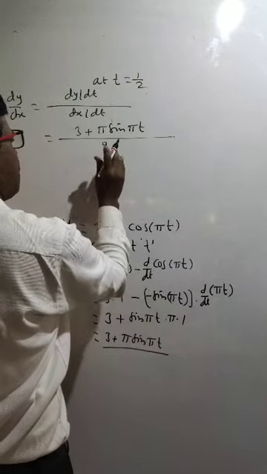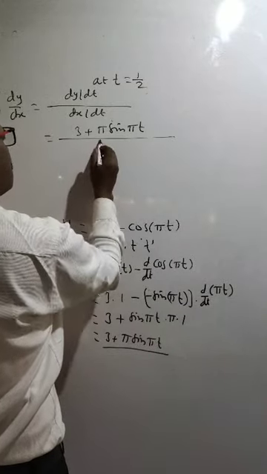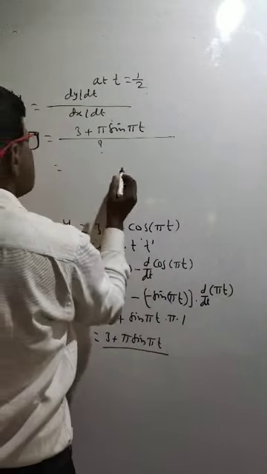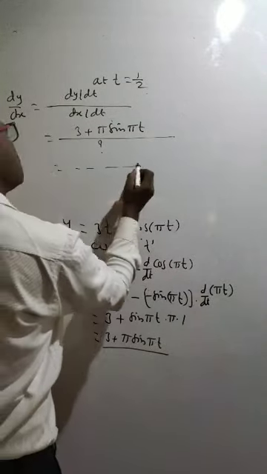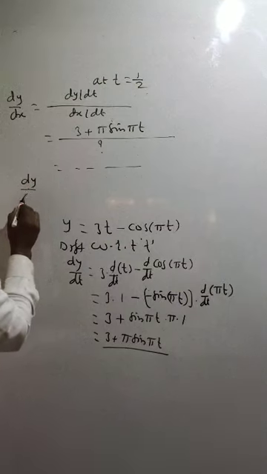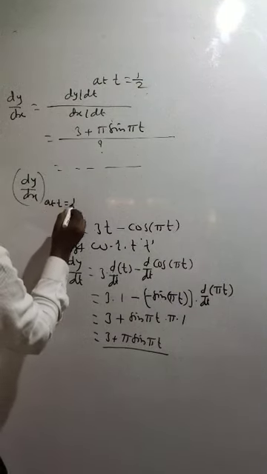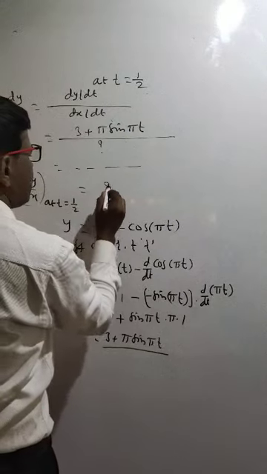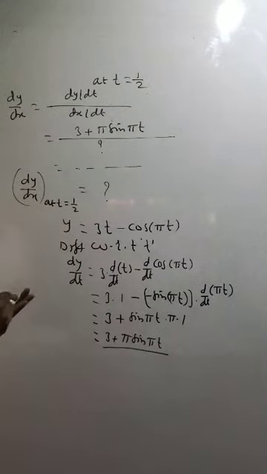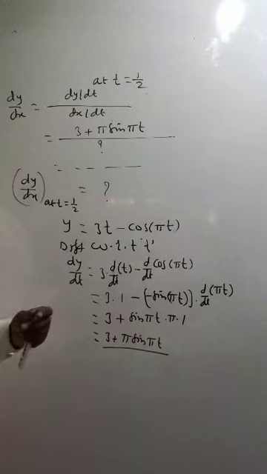Write the value of dx by dt in the denominator and then put t equal to 1 by 2 and find the value of dy by dx. This is homework for you.